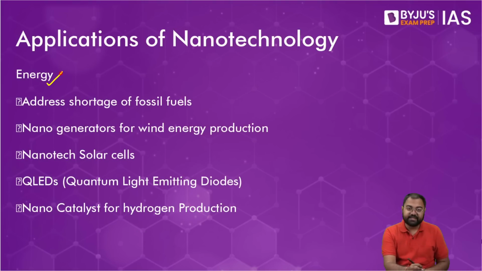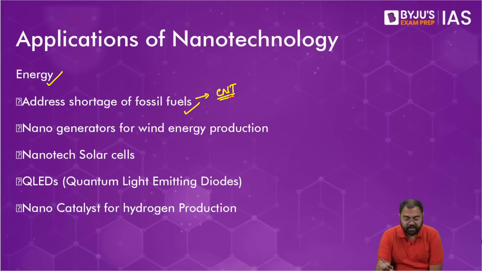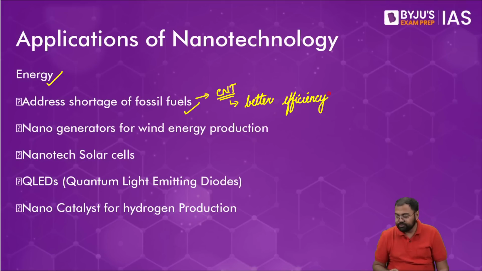Then in the energy sector, what do we see? That they can address the shortage of fossil fuels. For example, we discussed carbon nanotubes and how they have better efficiency, correct? They can showcase better efficiency as compared to many of the others. So in this scenario, they would be able to address the shortage of fossil fuels. Then similarly, in making nano generators for wind energy production, we have been trying some of the carbon based materials like carbon nanotubes.